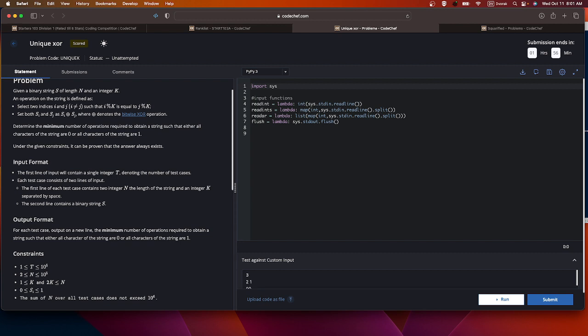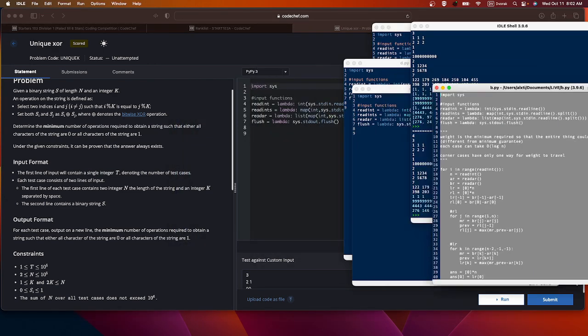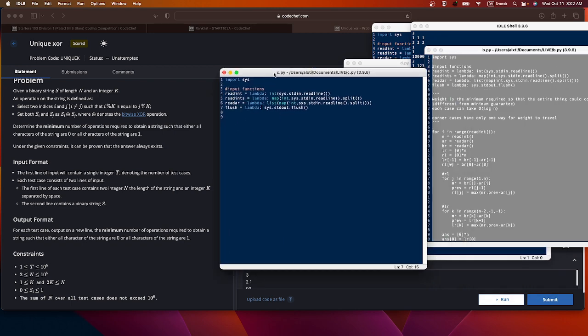And then find the minimum operation count so that it's either all zeros or all ones. We know if we do the same operation twice, it's always going to lead to 0, 0. That's why this is always possible, and we can affect every single.